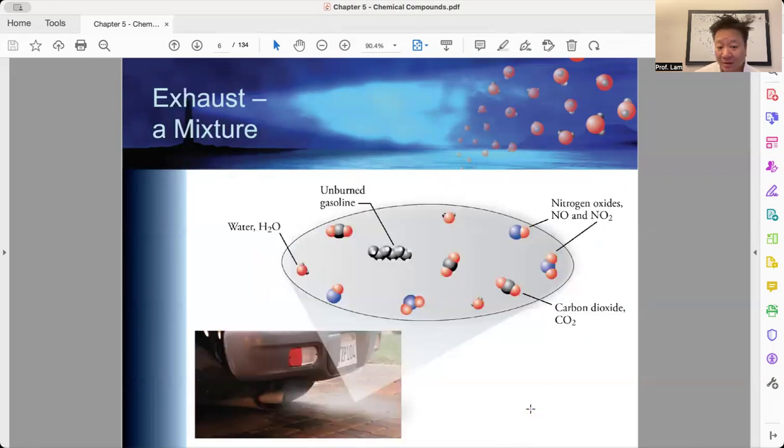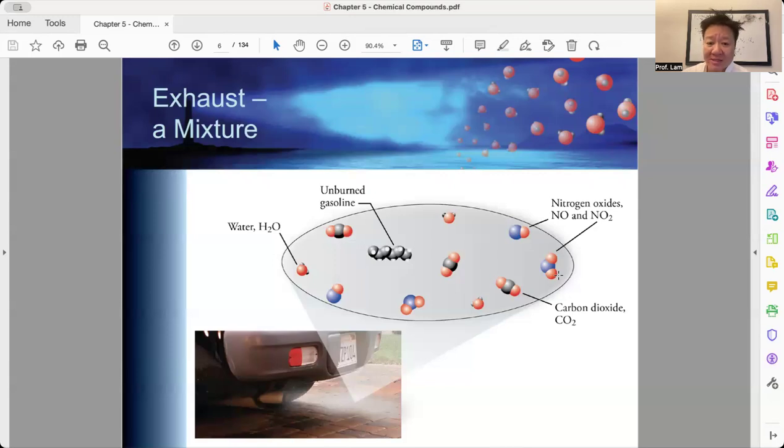Now, we just had examples of compounds. Things that come out of the tailpipe of a car, this picture is going to represent a mixture, because it's not pure. You have a bunch of different things in there. You've got water, carbon dioxide, unburned gasoline, which is octane here, and also nitrogen monoxide and nitrogen dioxide.